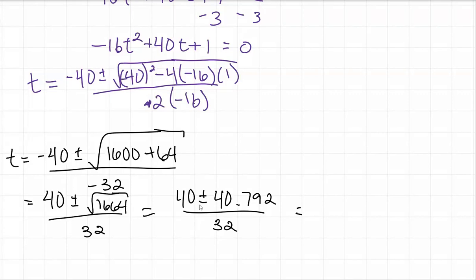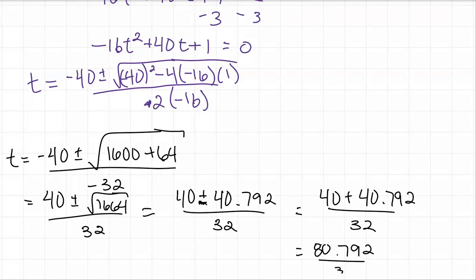I don't care about the minus one. It's not that you're never going to care about the minus part. It's just that in this case, if I do minus, you can see that 40.792 is bigger than 40, so we don't really care about it, because we need a positive number for time. So 40 plus 40.792, that's 80.792, divided by 32.